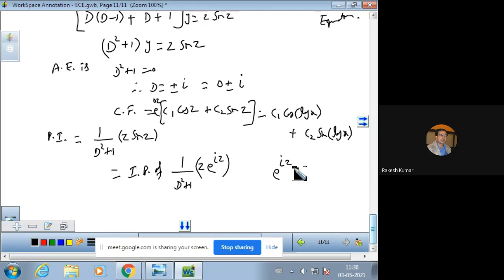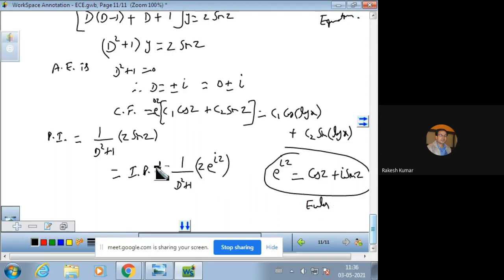Euler's identity can be used. By Euler's identity, e raised to power iota z is cos of z plus iota sine of z. So by Euler's identity, and because sine z is the imaginary part of this, that is why IP has been written.